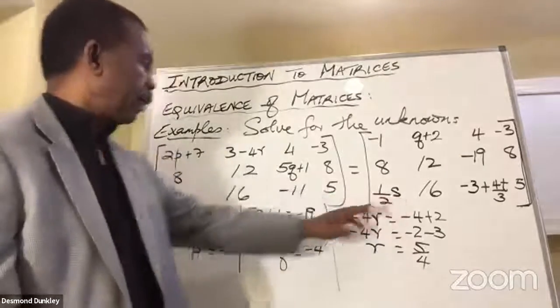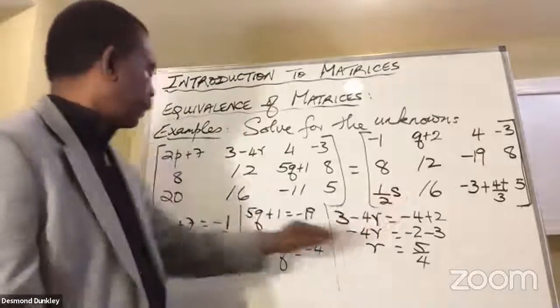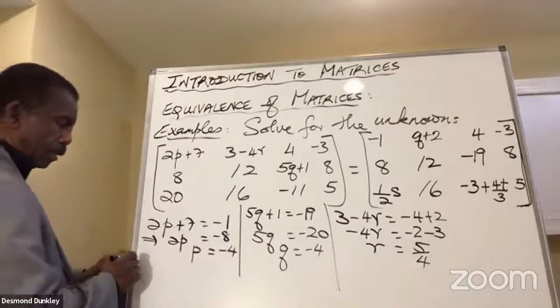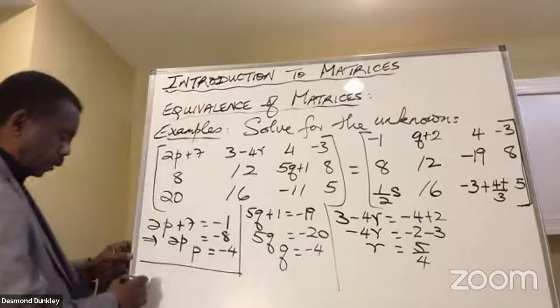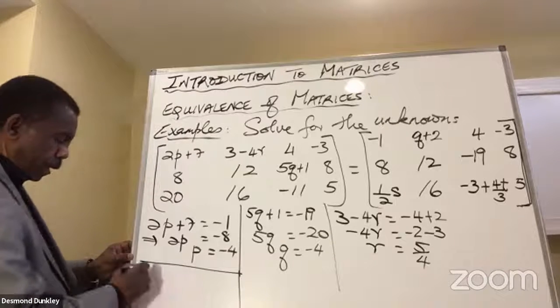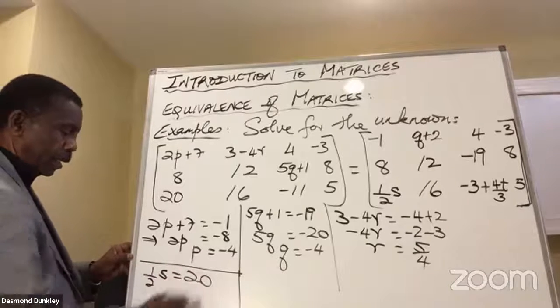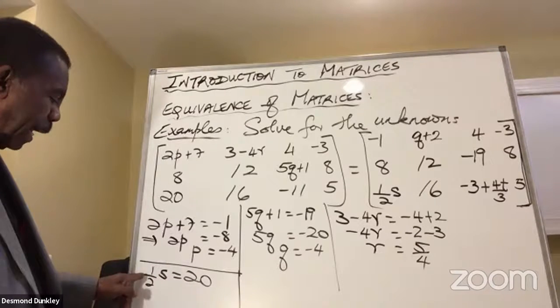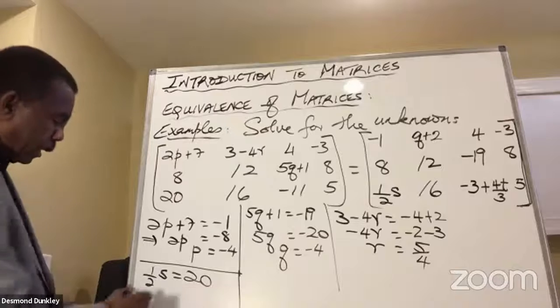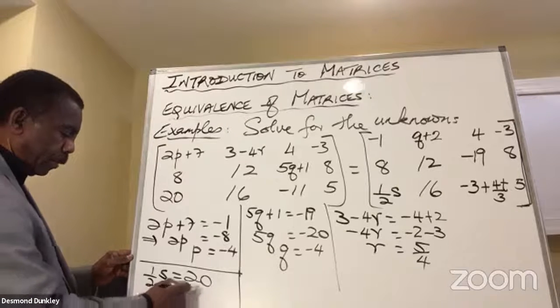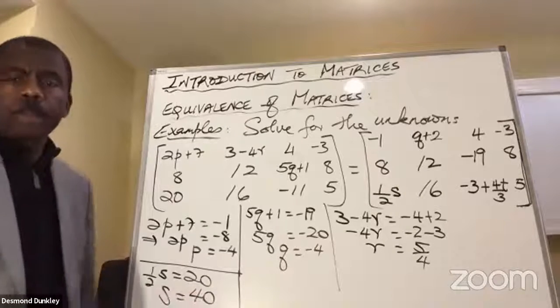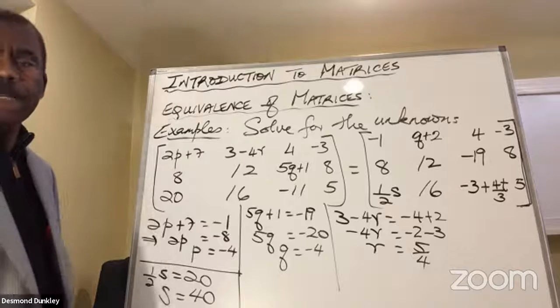S is right here. 1/2 S is 20. So 1/2 S equal to 20. So therefore, I multiply both sides by 2, and I end up with S equal to 40. So we know that S is 40.